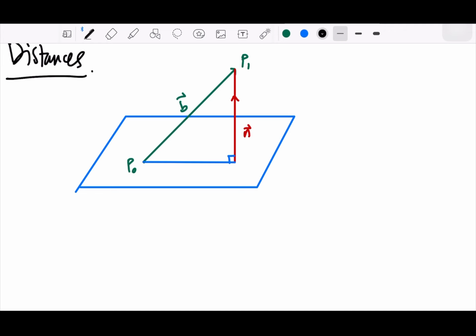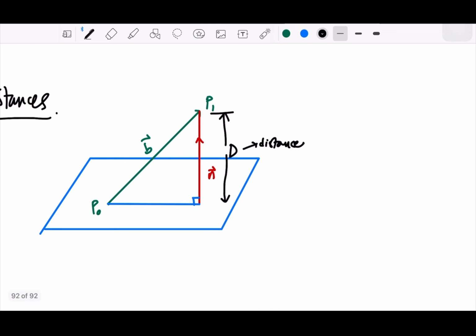So let's define this as our distance, D. Let P0 be the point x0, y0, z0, and P1 be x1, y1, z1.